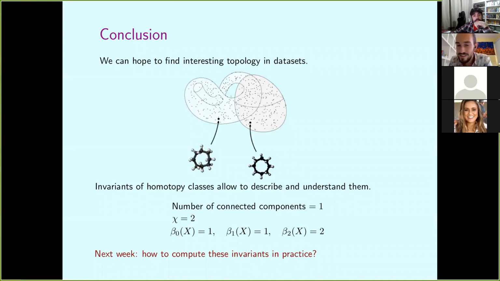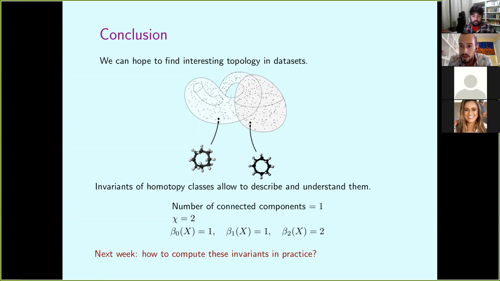All right, so this is the end. I showed you how topology can emerge from data sets, and how it can be interesting to understand how the data sets behave.